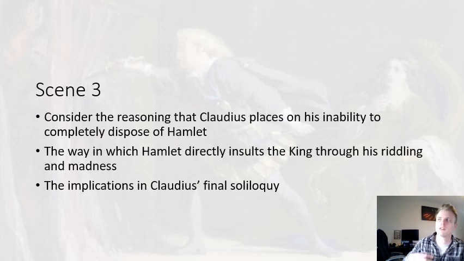He's hidden the body. There's a disturbing element to it. In reality, it's Claudius that is the villain, and we need that reminder at the end of the scene, having seen Hamlet in his maddened state, that Claudius is the true villain here. He's the true manipulator. He's the one that is corrupting. Okay.